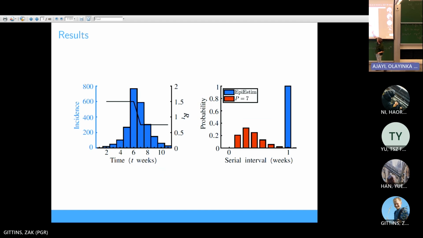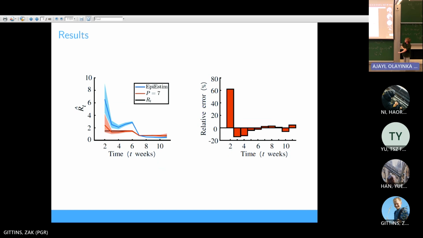This is an extreme example of really badly discretized data. If you just did 1 week with this serial interval, I recognize I haven't plotted the continuous version, but you would basically get that it can only happen on week 1. So it's a bit of a silly example, just to emphasize. Whereas if you discretize your serial interval into days, then it looks like something a bit more sensible.